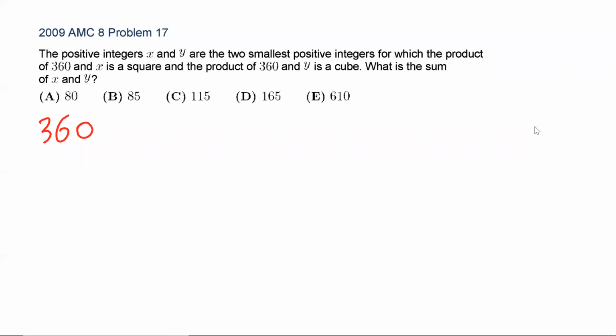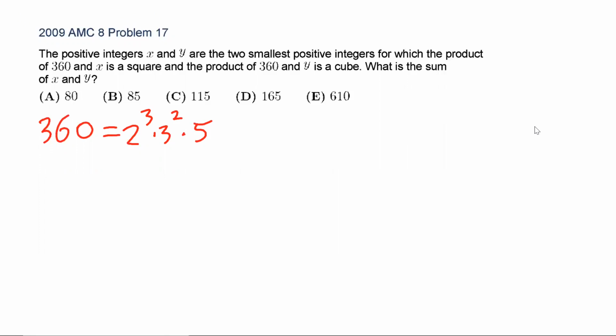360. Can anybody tell me the prime factorization? Okay, so we have 2 cubed times 3 squared times 5.